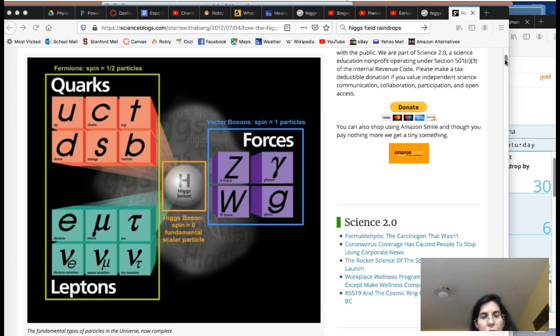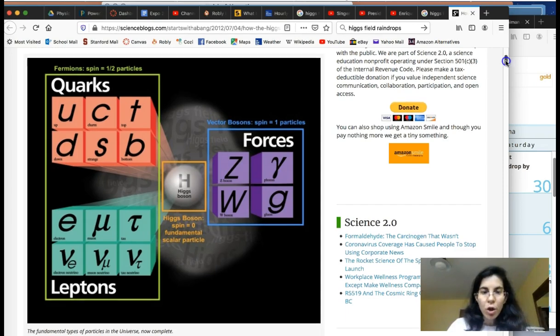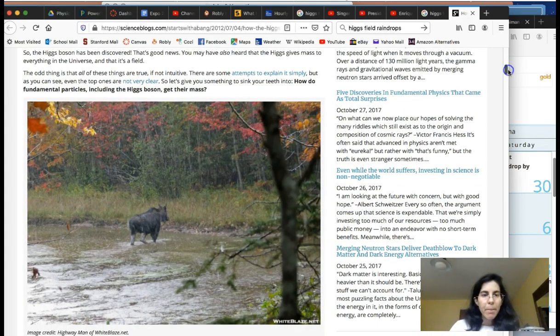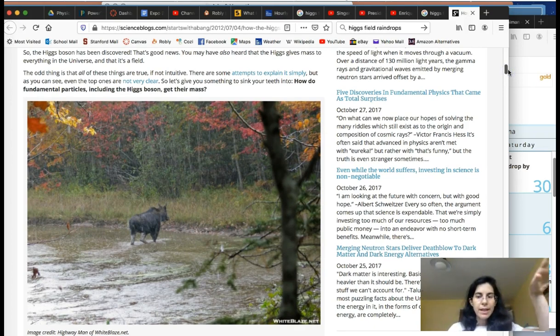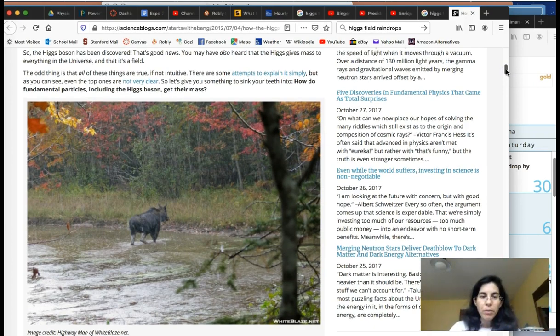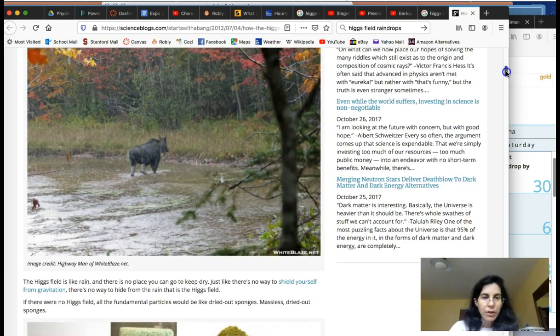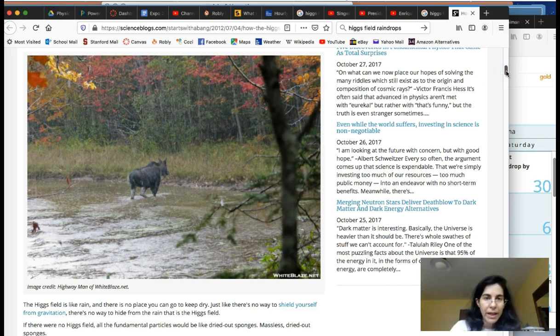The original description of how the Higgs field permeates the universe and gives mass was the analogy of rain and raindrops, that the Higgs field permeates the universe like a perpetual shower of rain. Some materials in the shower of rain, like leaves, just get wet.